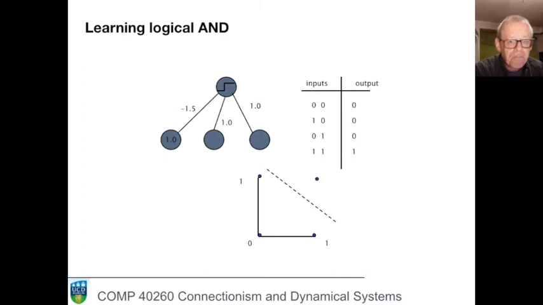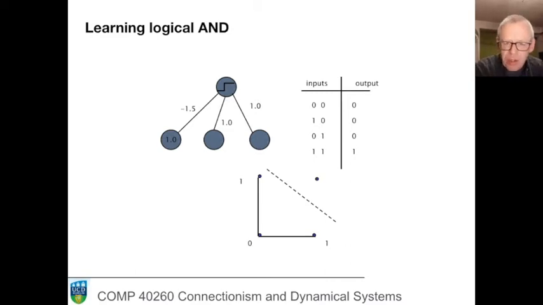Now I've shown the 4 input patterns in the lower plot. This is a plot in input space. So each possible input pattern consists of two numbers and therefore can be represented as a dot in input space.